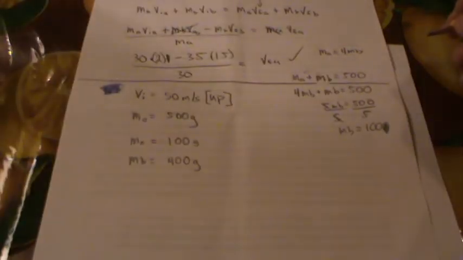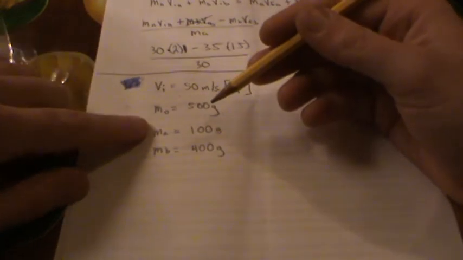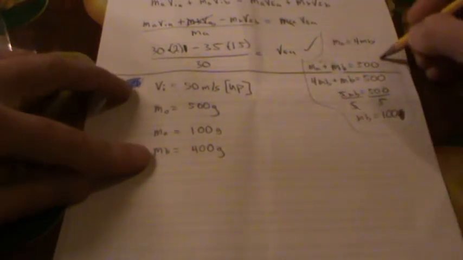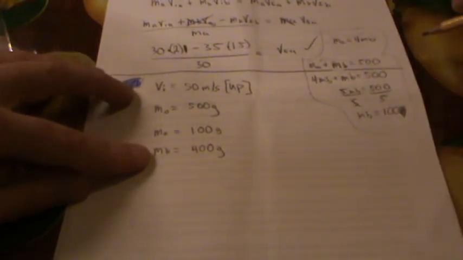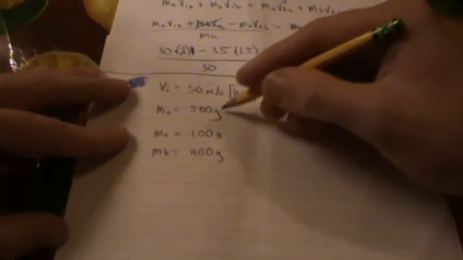If I divide both sides by 5, I get mb is equal to 100. Or ma is equal to 100. Either one. It doesn't matter which one you call A and which one you call B. It looks like the way I ended up doing it was a little different. So one of them is B, 400, and originally they're 500.